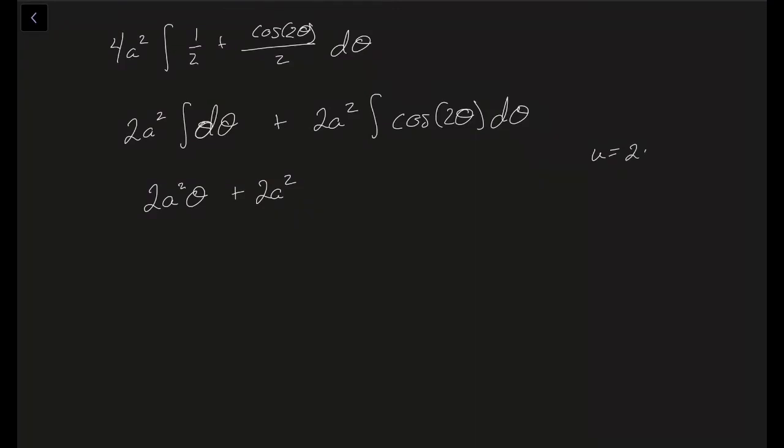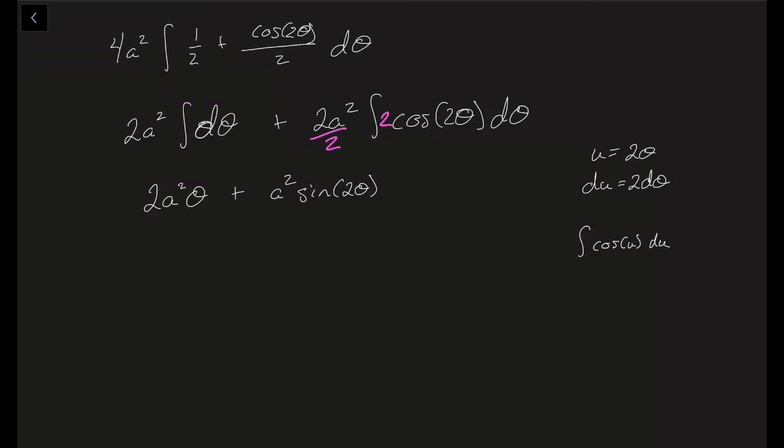We're going to let u equal 2 theta, and so du is 2 d theta. We multiply by a 2 and divide by a 2, and we can get rid of this 2 here. And so we have the integral of cosine u du, and remember that's just sine of u, which is sine of 2 theta.